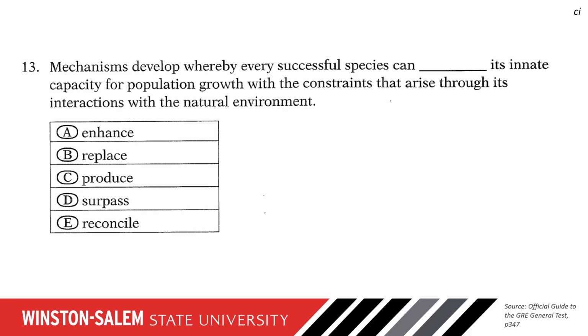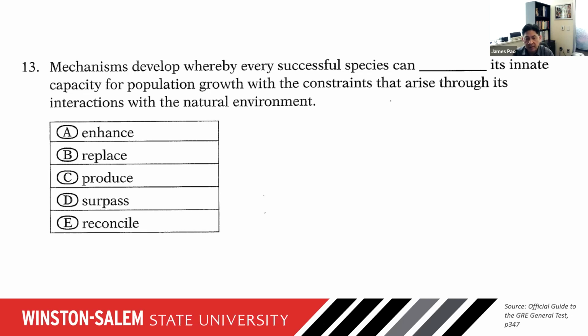Okay. I'm stuck between enhance and surpass because of the way it's like mechanisms develop whereby every successful species can, and it seems like it'll be something positive. So maybe it enhances innate capacity for population growth, or it's surpass. Okay. That sounds good. Let's talk about it.